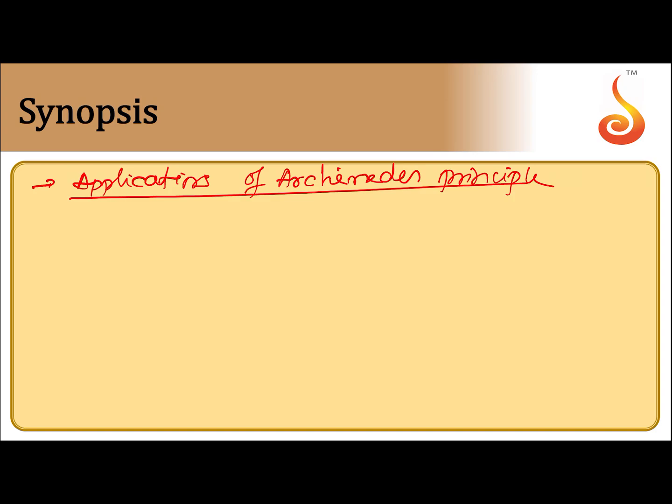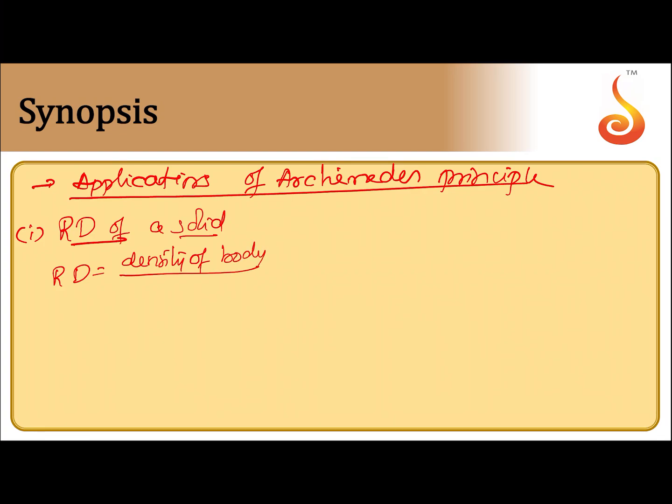Applications of Archimedes' principle. Number 1, finding the relative density of a solid or an object. You know, relative density is given by the density of the body divided by the density of water.